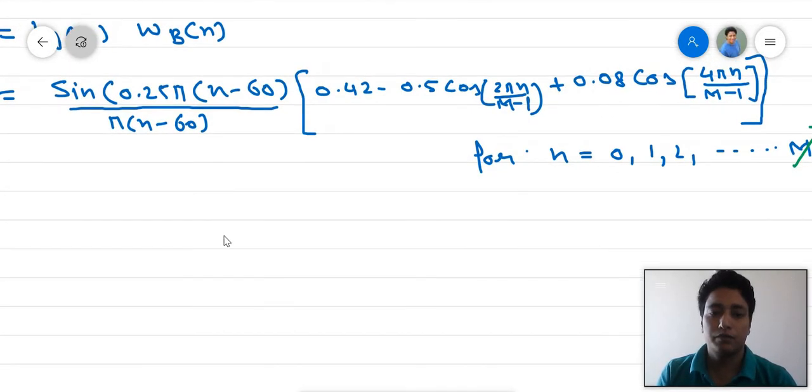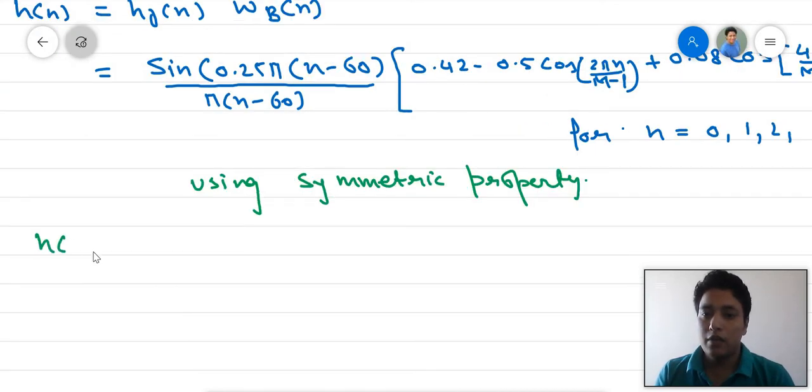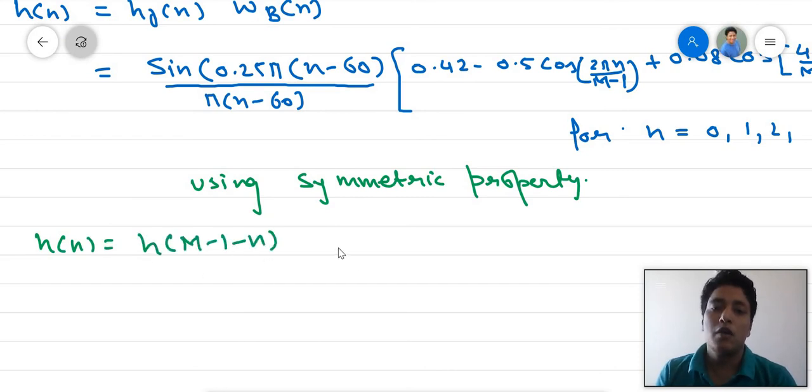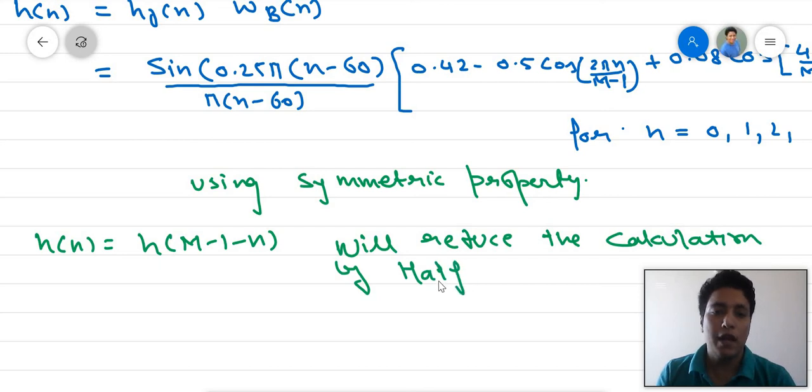Using the symmetric property, h of n will be equal to h of M minus 1 minus n, which will reduce the calculation by half, as we have seen in previous examples.